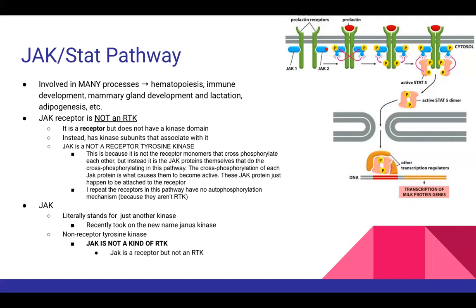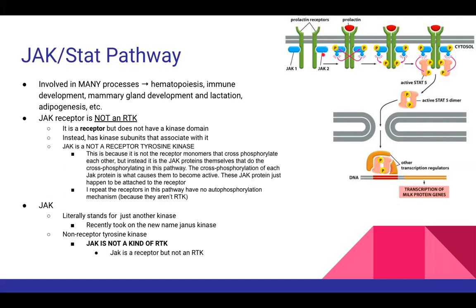And the cross-phosphorylation of each JAK protein is what causes them to ultimately become active. It's not considered an RTK because the entire receptor itself is not doing this autophosphorylation. It's just a receptor that happens to have these two proteins tacked onto it.